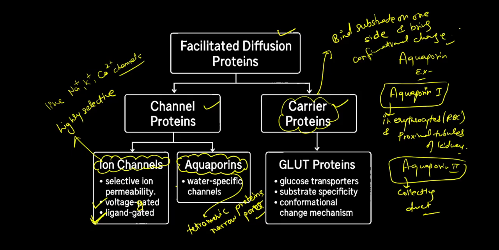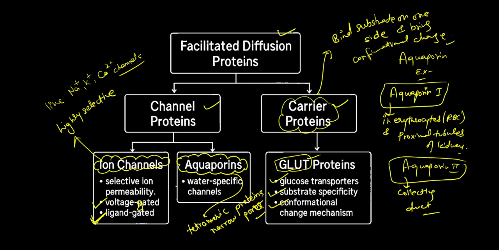Okay, for example, the GLUT proteins means glucose transporter proteins. These are substrate specific and work on the conformational change mechanism.